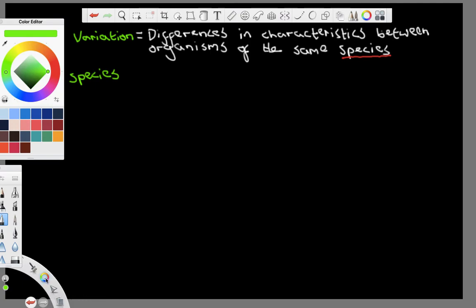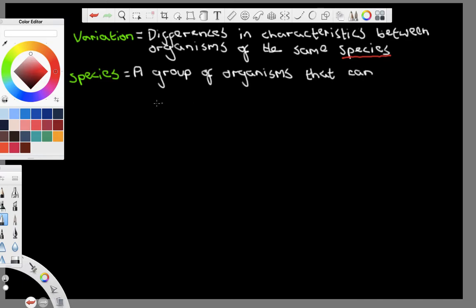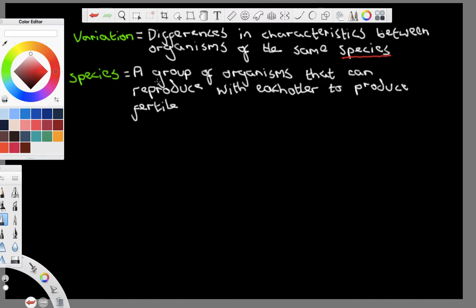A species is defined as a group of organisms that can reproduce with each other to produce fertile offspring.